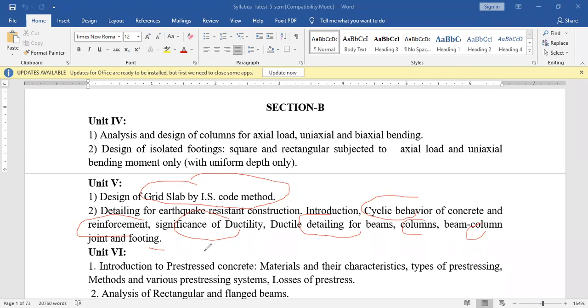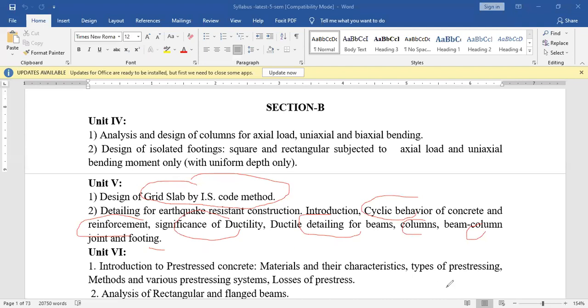But because of earthquake and because of those behaviors, how should our structure have the reinforcement criteria according to the IS code, especially for beam, column, and beam column joint.